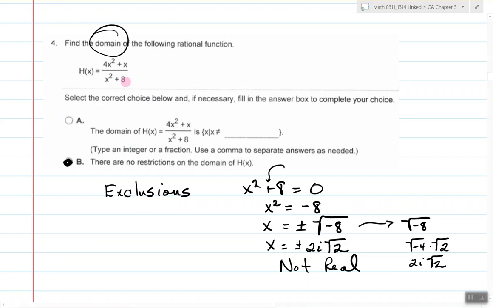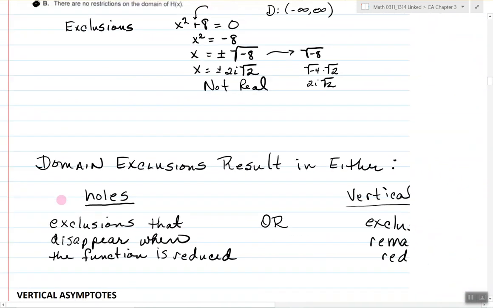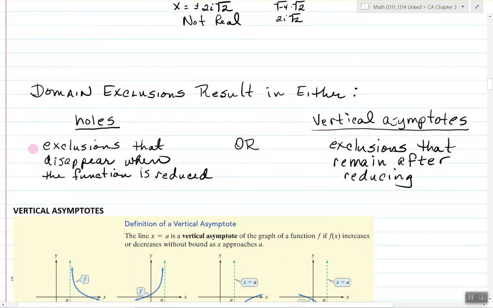That means, it doesn't say it here, but that means that the domain is from -infinity to +infinity with no breaks, no exclusions.